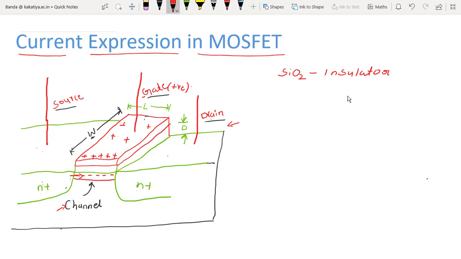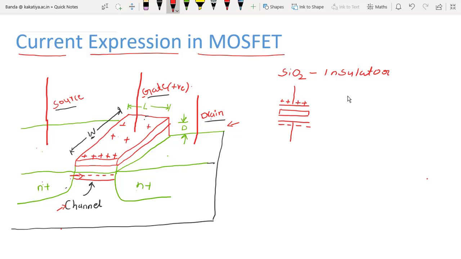If you observe this structure, how does it look? One metal and one substrate or channel, and in between there is an insulator. This is the gate and this is the substrate or channel. This plate has positive charge and this has negative charge.